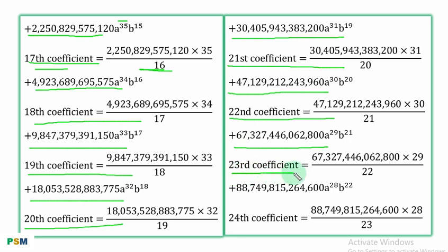23rd coefficient, that is the previous coefficient times the power of the first term. At that point, 29 divided by 22. 22 because before here, the first term has occurred 22 times.